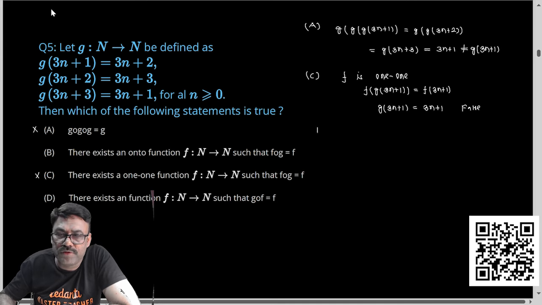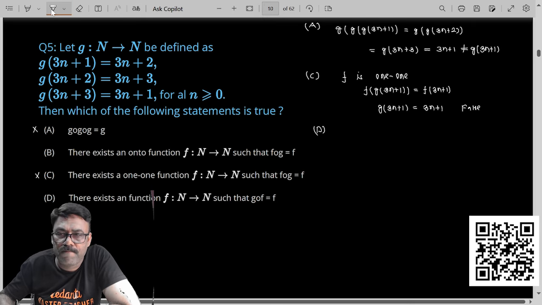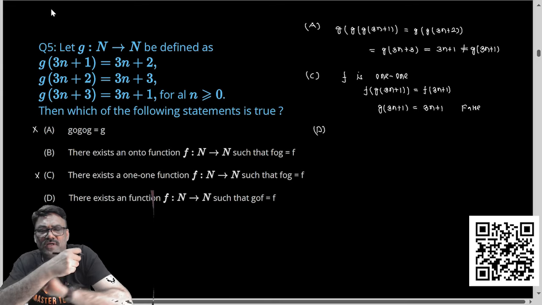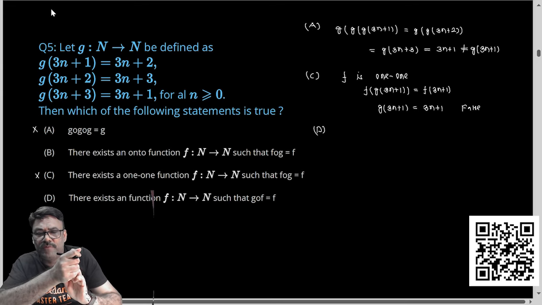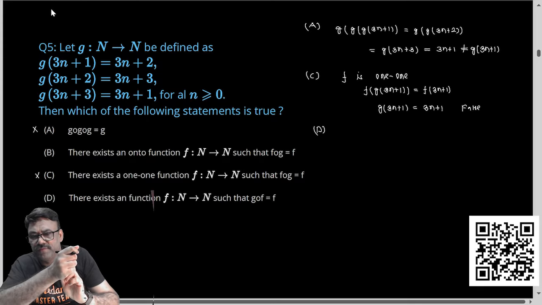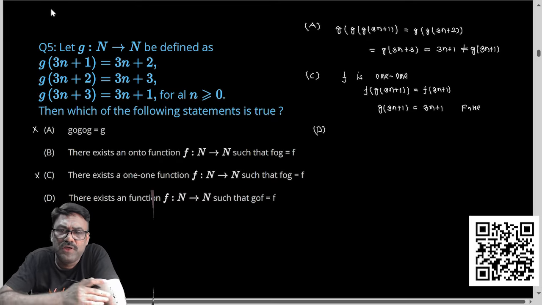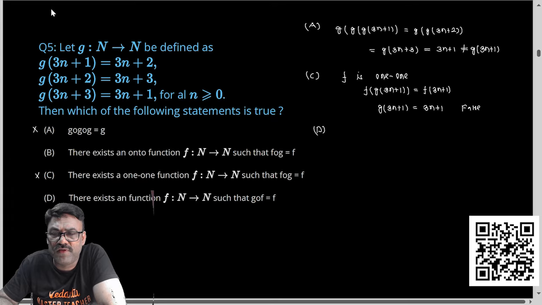Now let's check option D, whether D is correct or not. In option D, they are saying that there exists a function f from N to N such that g of f is equal to f. Is there any function f such that g of f is equal to f? You can see the function g is defined in such a way that g of x is never equal to x. Actually, g of 3n plus 1 is 3n plus 2, g of 3n plus 2 is 3n plus 3.